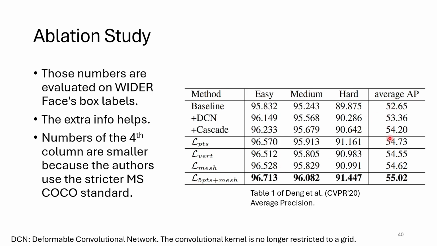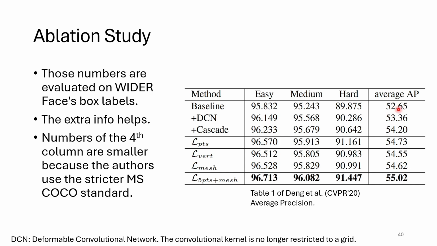And this is the COCO result. You can see the number is smaller than even the hard set, because they use a different criterion, the Microsoft COCO standard.